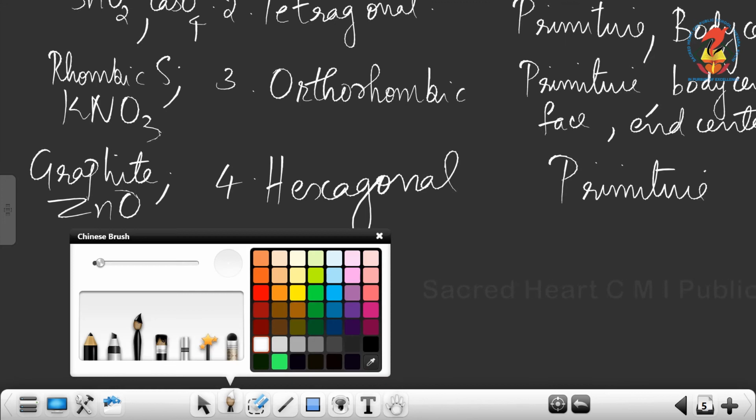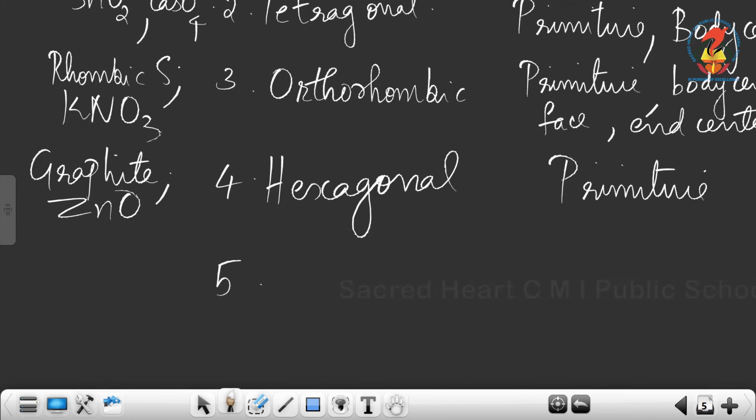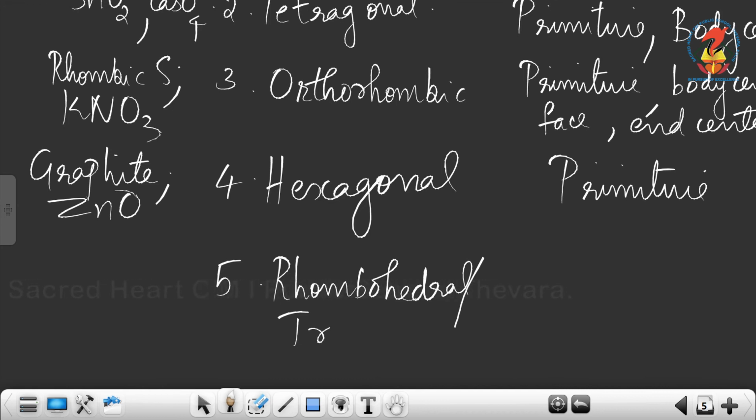Now number 5, the 5th crystal class is rhombohedral, or trigonal. An example for rhombohedral or trigonal is cinnabar or HgS, mercuric sulfide.